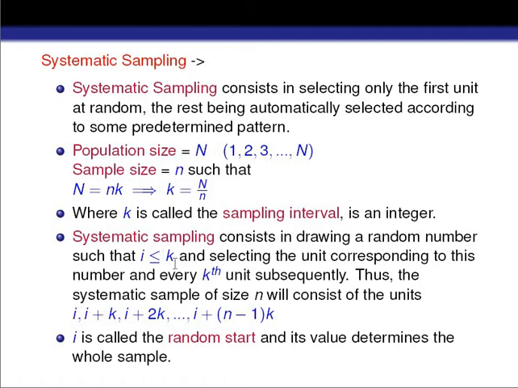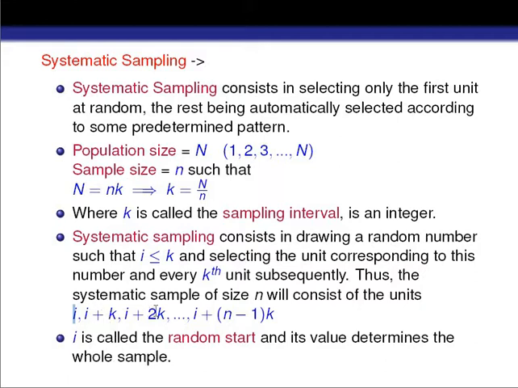After selecting the random number, we use this formula to select the other units. This is our first unit, selected at random. For the second unit, we just add the sampling interval to the first unit, so we get i plus k.